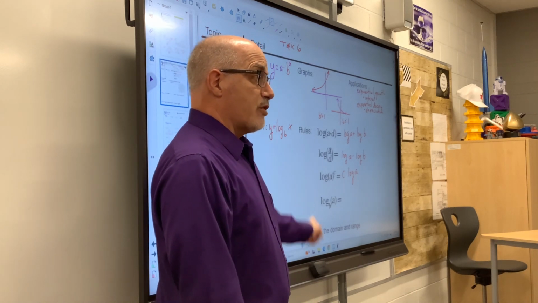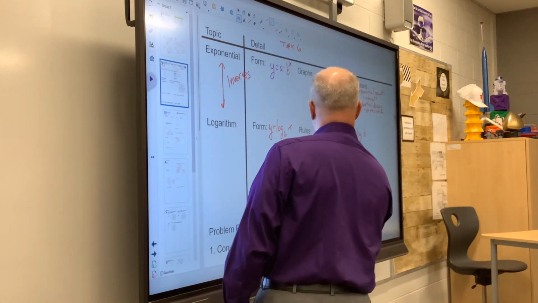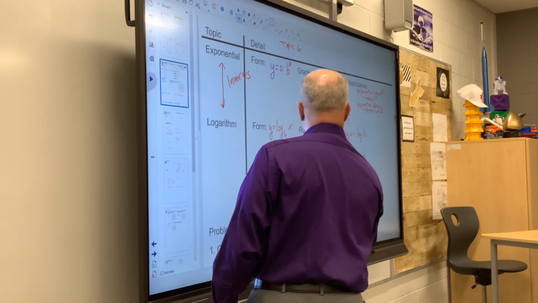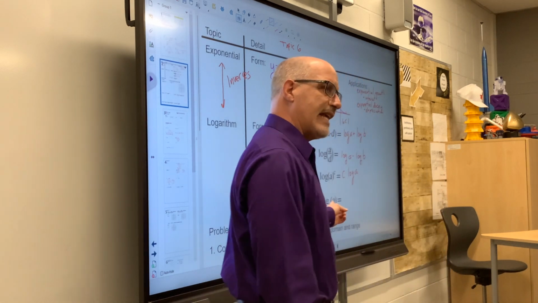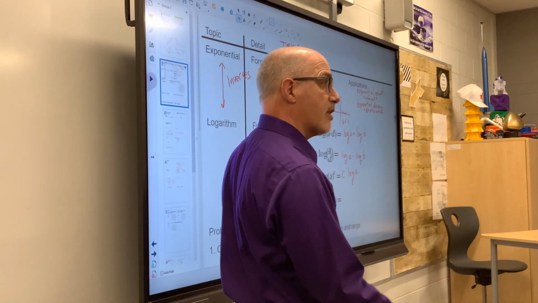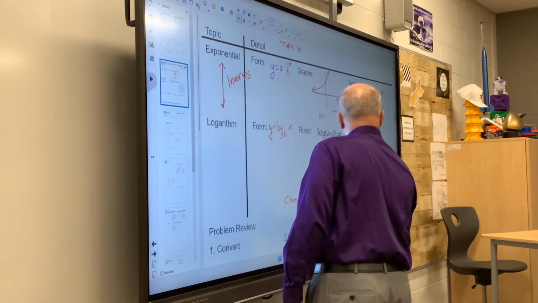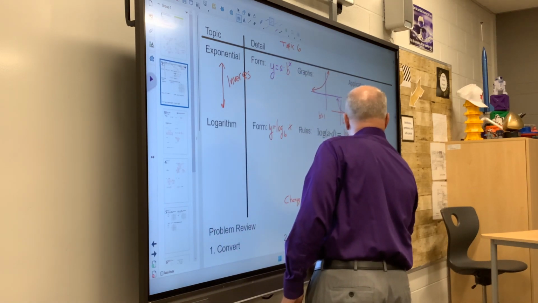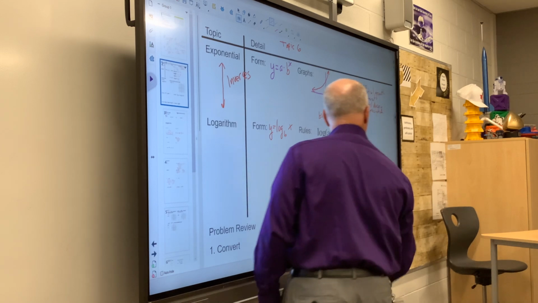And this might be the most important one. This is called the change of base theorem. Change of base theorem says that if you want to use it on your calculator, which has a log base 10 key, you can just do log base 10 of a over log base 10 of b.